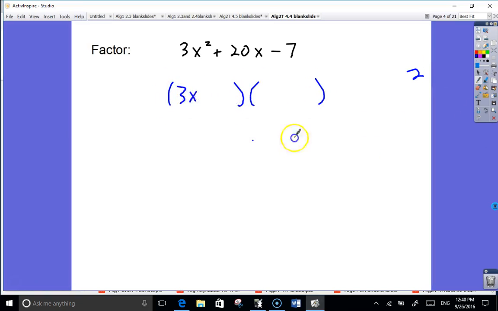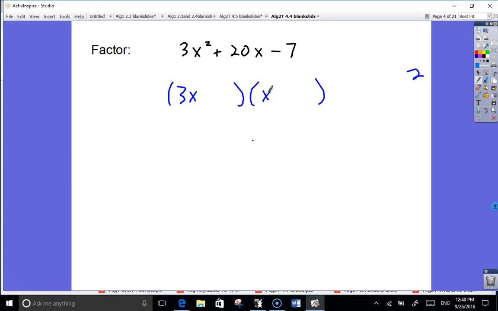We can bet that the first term in each factor, one of them's got to be 3x and one of them's got to be an x. Right? Because how many factors does 3 have? Just 3 and 1, right? There's really no other options for that. And because the first number is a prime number, that's good. That means this method of solving, guess and check basically, would work for us.